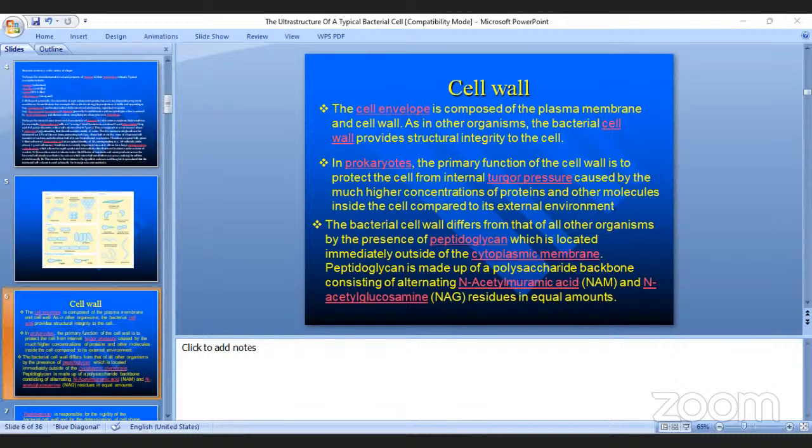So there are different types of bacteria, but that is not important. The important one here is the cell wall structure. One by one, let's complete.